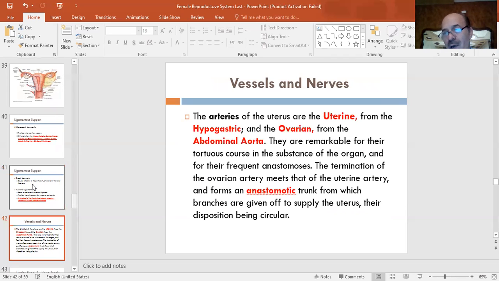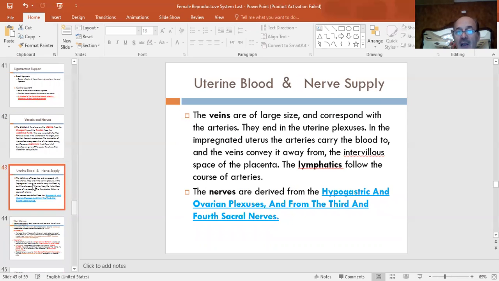Remember, I said that when I spoke about the arterial supply of the ovary, parts of this anastomosis also supply the uterine tube in addition to the uterus. The veins correspond to the arteries, and they end in very extensive uterine plexuses. And of course, the lymphatics follow the course of the arteries. The nerves are derived from the hypogastric and ovarian plexuses and from the third and fourth sacral nerves.